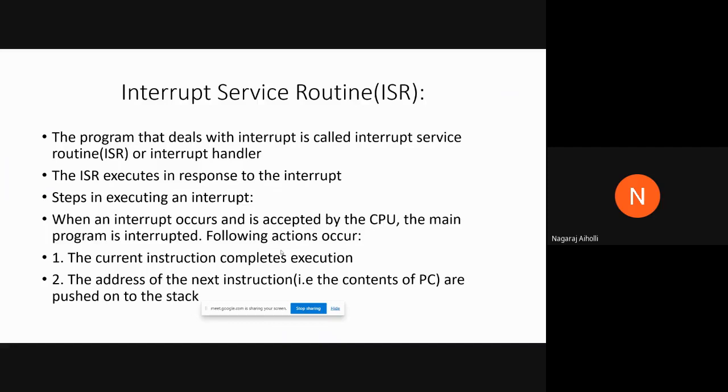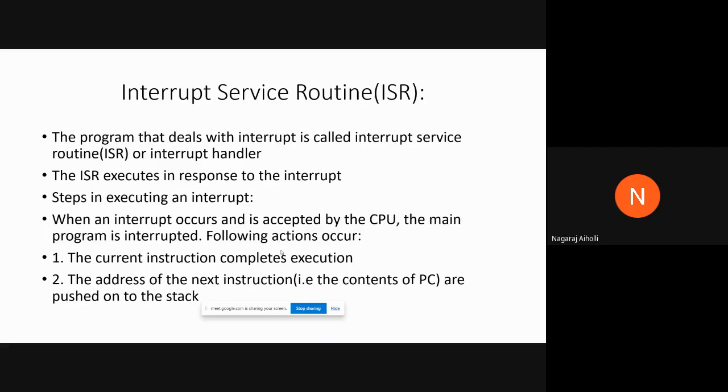As the interrupt service routine, a small program for providing service to the requested device, executes, the last instruction in the ISR is the return interrupt, RETI in short.